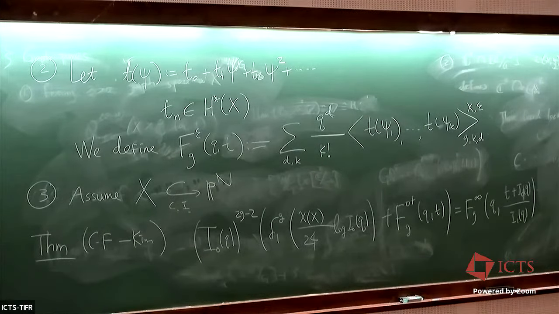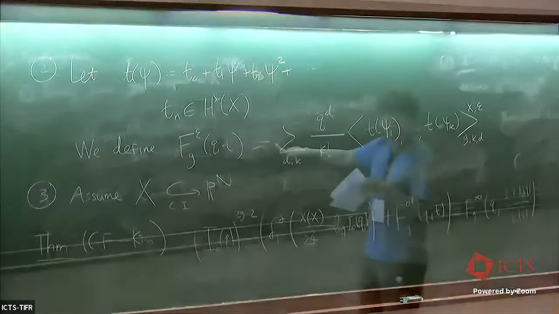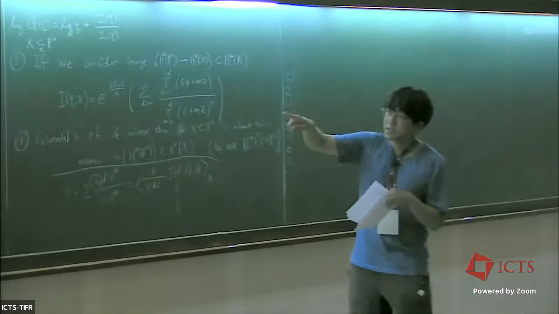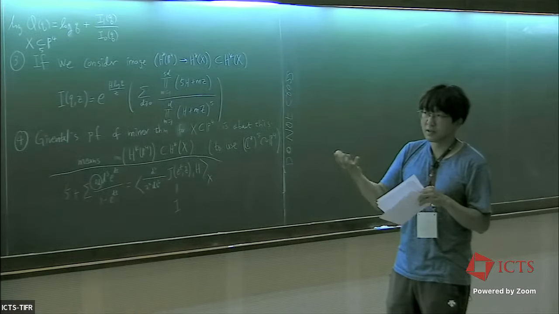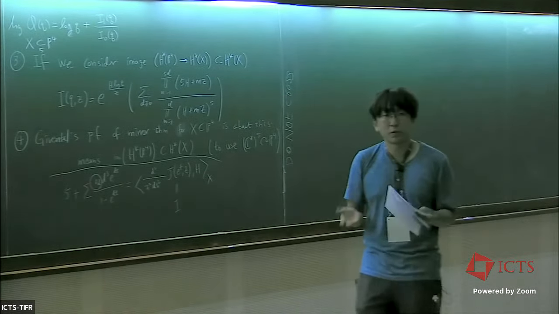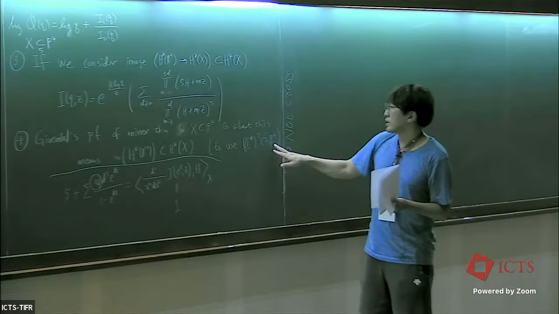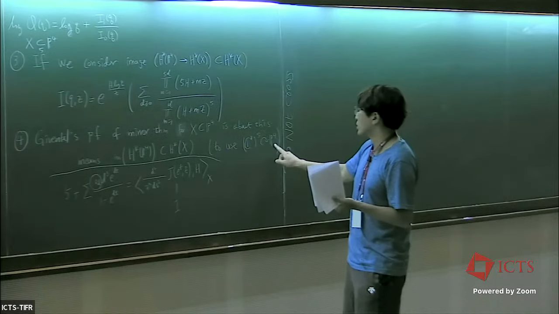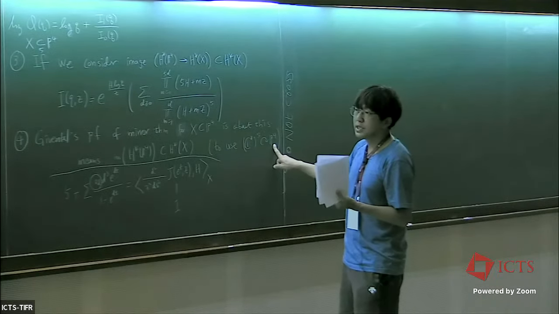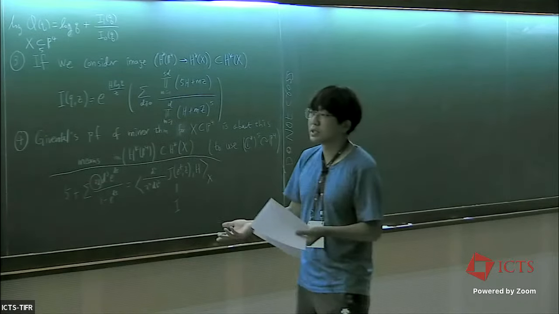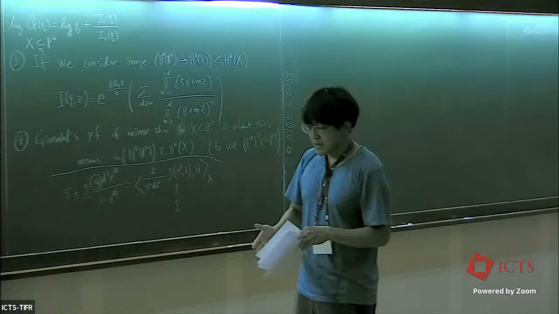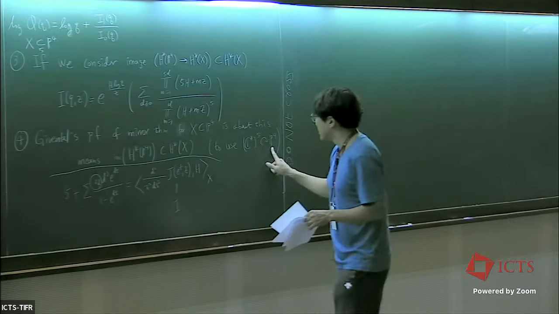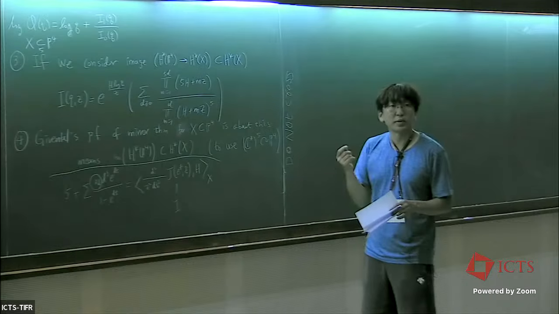Yeah, I didn't say much, but the crucial idea is localization of the torus action on the target space P4. This action is not on the source curve, source P1. If we use this torus action on the target space, then we can decompose the fixed locus, and the fixed locus is points, right?